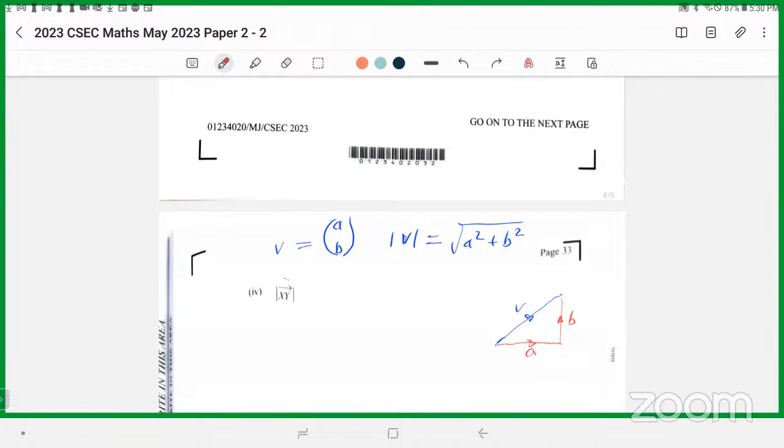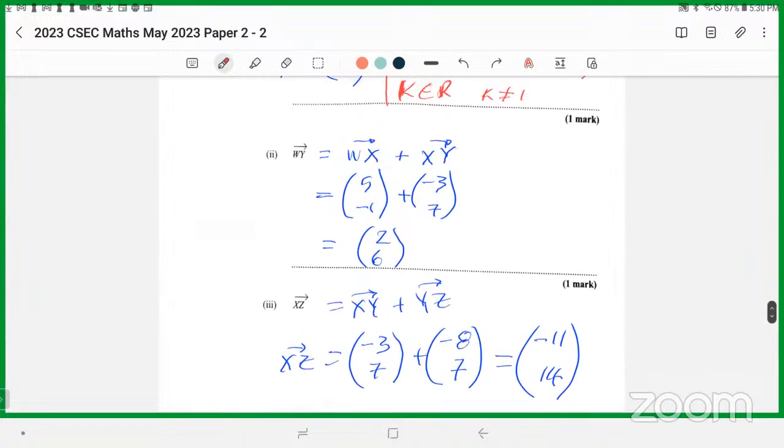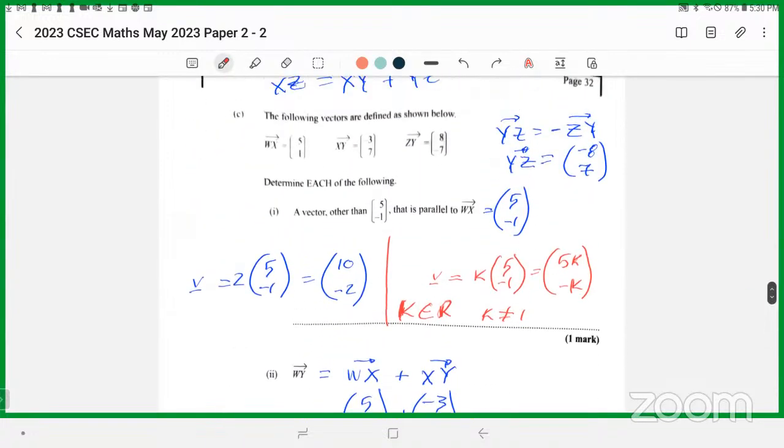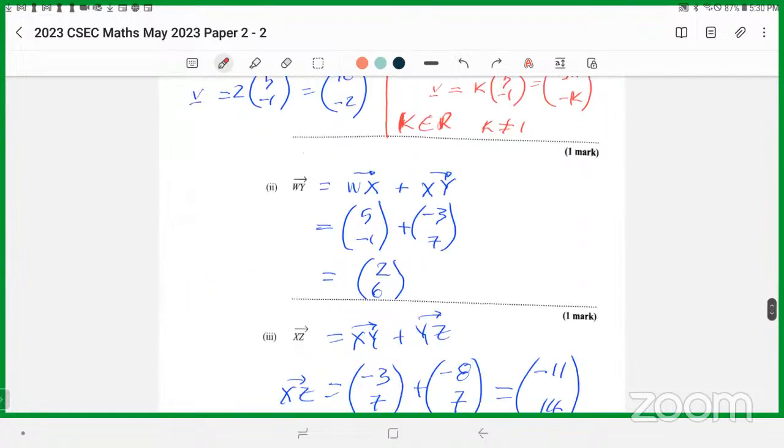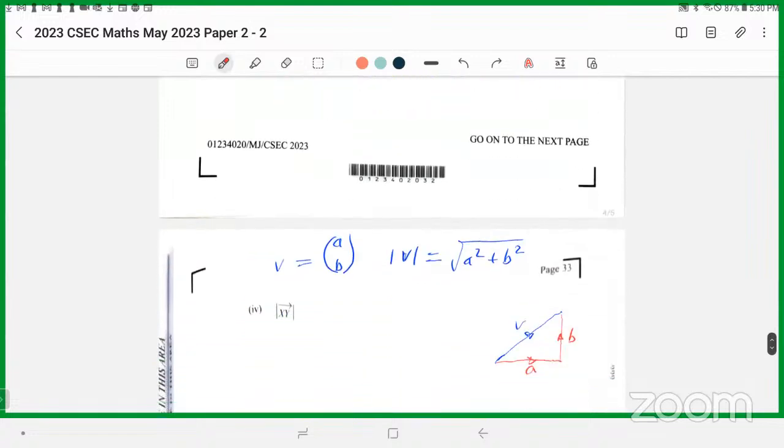So I need to look at the values on the XY matrix. And the XY matrix is this one: -3, 7. Let's write it here. The XY vector, I should say, is -3, 7.